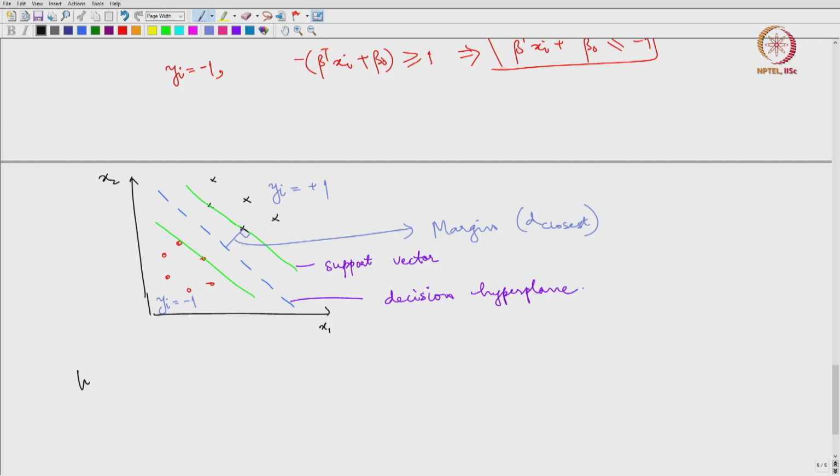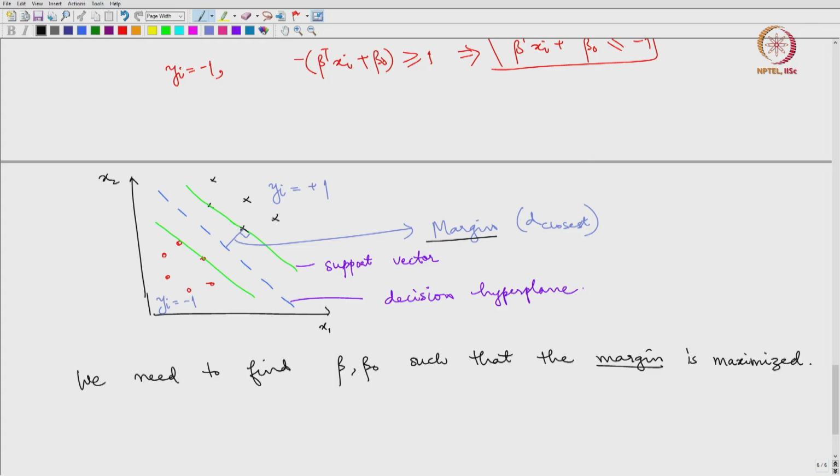Okay. So, the whole idea in support vector machine is that we need to find beta and beta naught such that the margin, which we have defined here as the distance between the support vector and the decision hyperplane, is maximized.